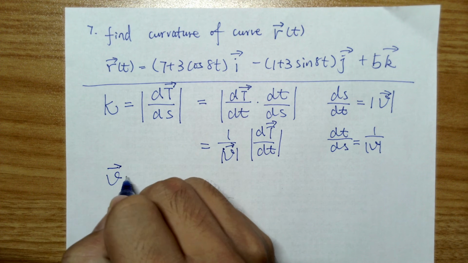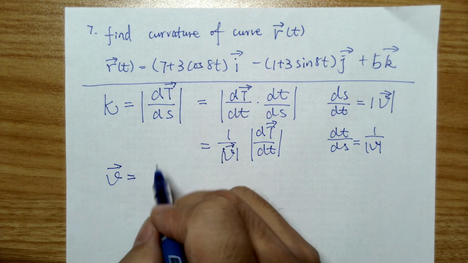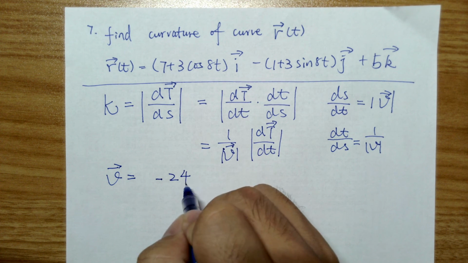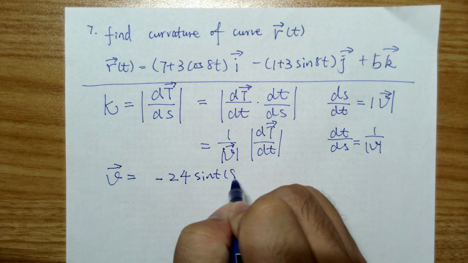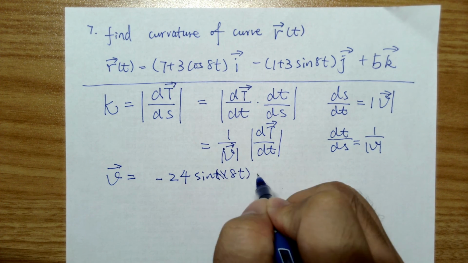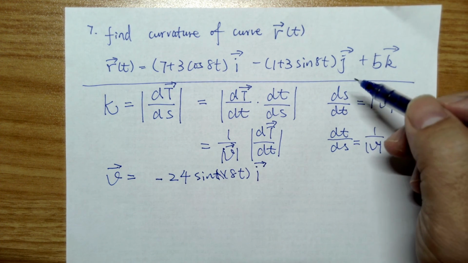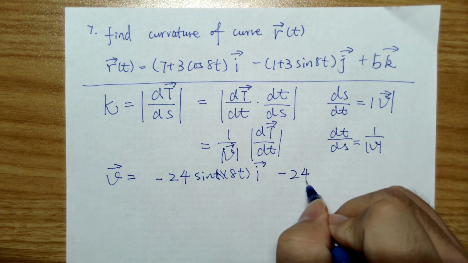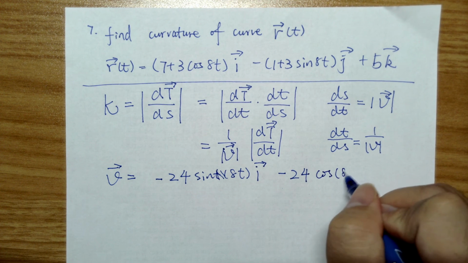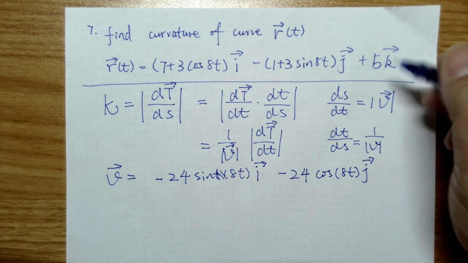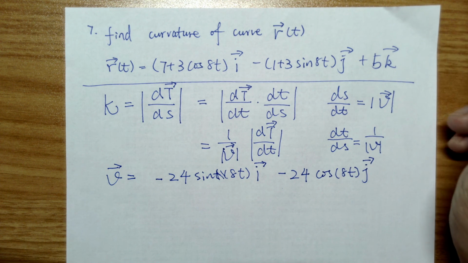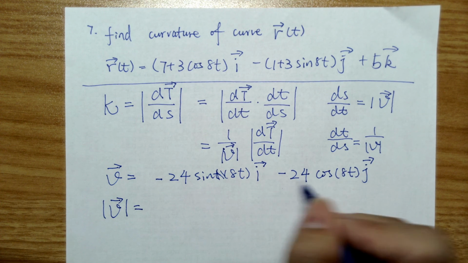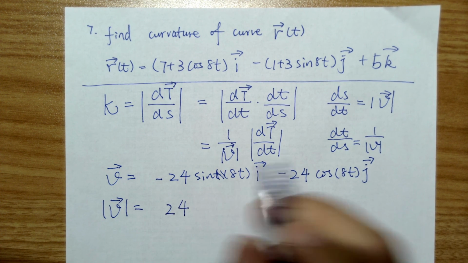So find its velocity, which gives us negative 24 sine of 8t i, and minus 24 cosine of 8t j, and then plus 0. The magnitude, as you can see here, equals 24.